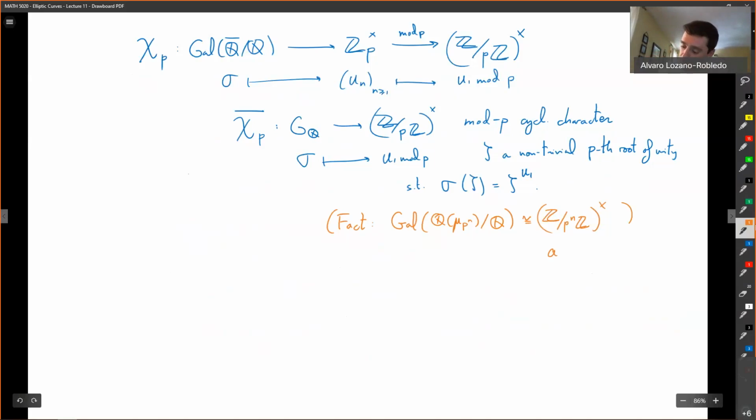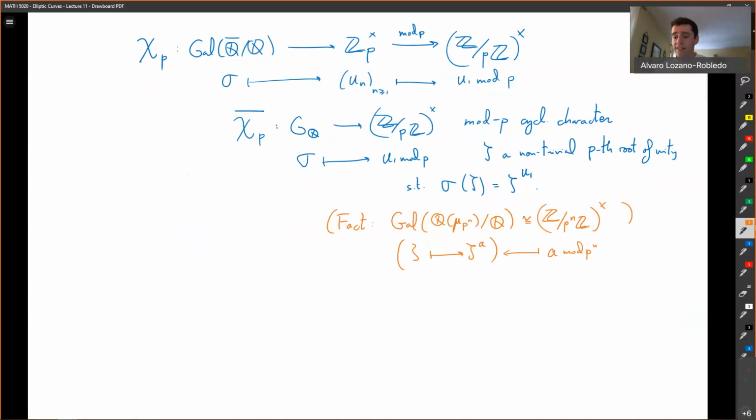So if we have an a mod p^n here, this is sent to the automorphism that sends zeta to zeta^a. That is an isomorphism of groups. Right, so that's a lot about the cyclotomic character and the action of Galois on roots of unity.